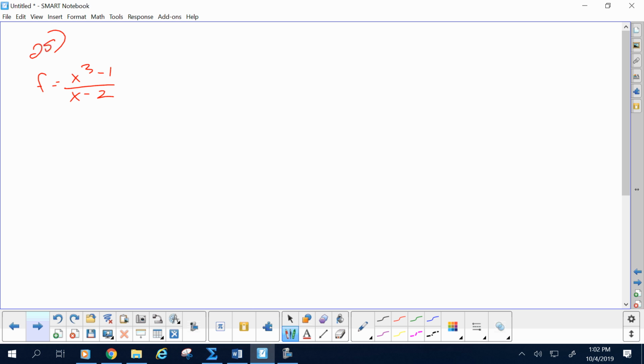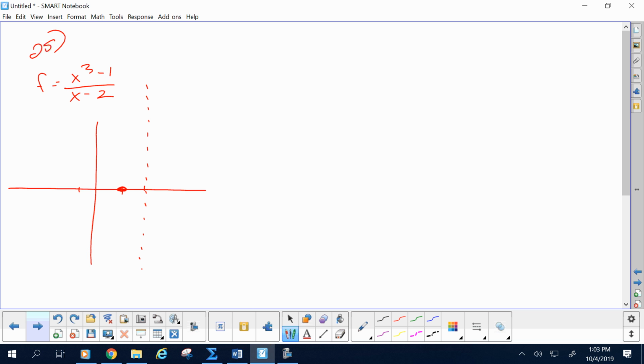This will kind of differentiate between the people that do things really well and the people that are saying, whatever I can get away with. The people that want to do this well would say I have a zero at 1 and a vertical asymptote at 2, yay?